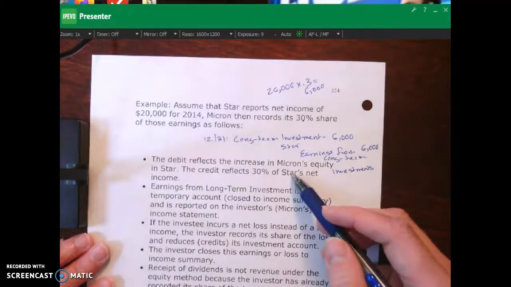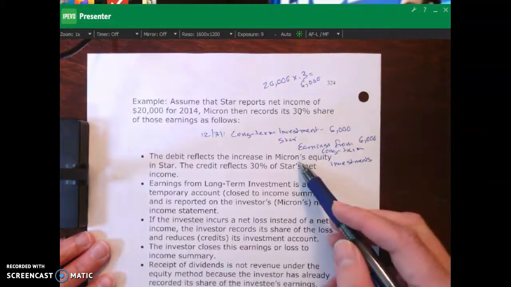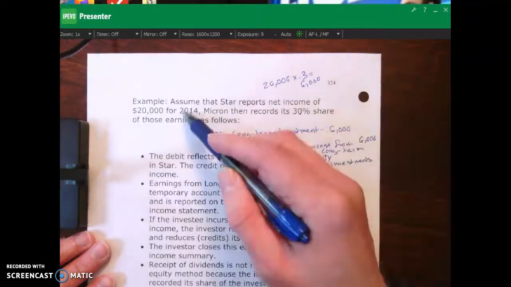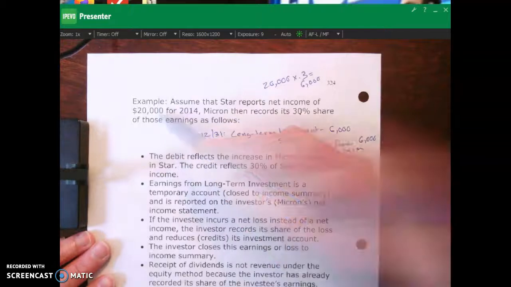And so if we look at this bullet point, let's talk about that. It says the debit right over here reflects Micron's equity in Star, and that has increased because Star's equity also increased, and Star's equity increased because they had net income.